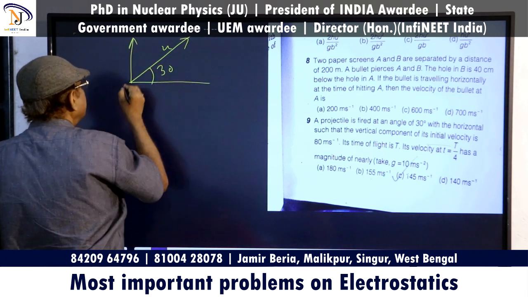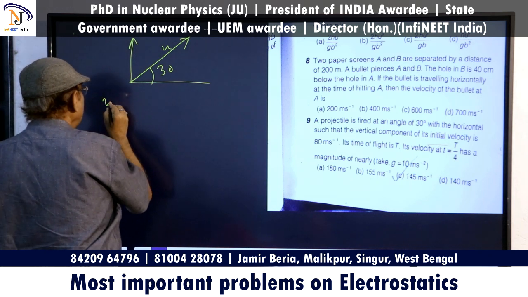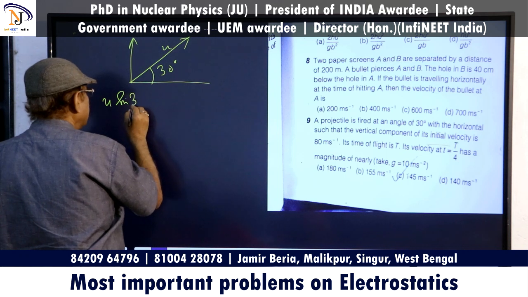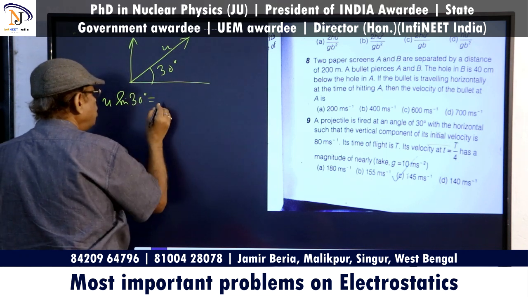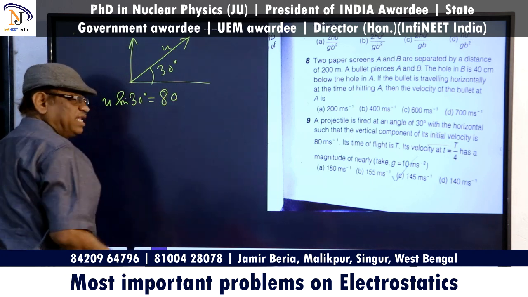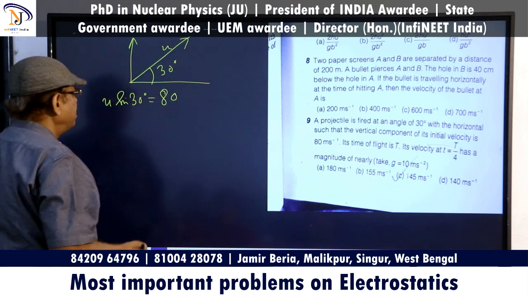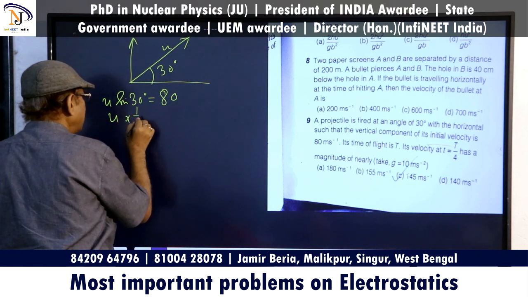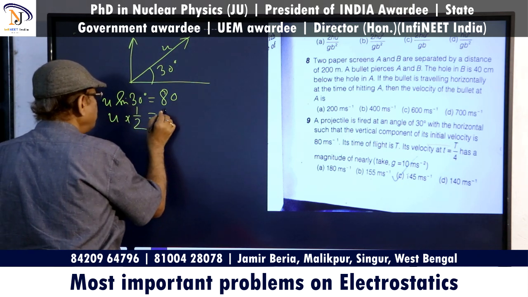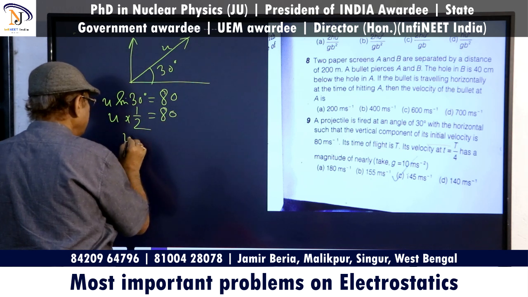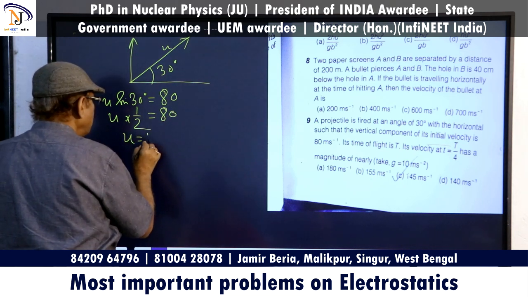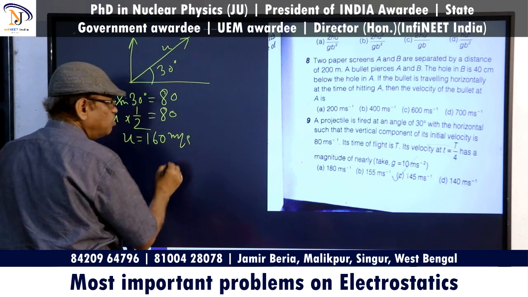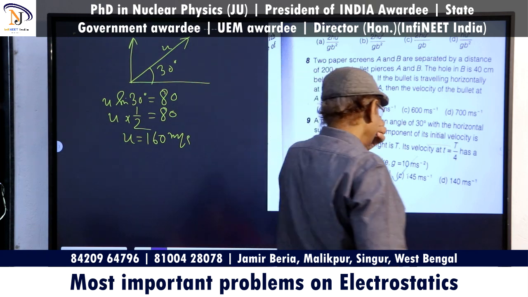Okay, then u sine 30 degree equals 80. Simply. Sine 30 degree means sine half equals 80. That means u equals 160 meter per second. I don't know whether it is meter per second. Yes, it is meter per second.